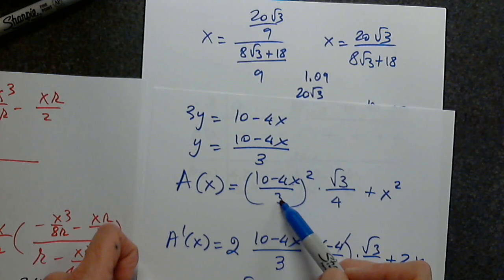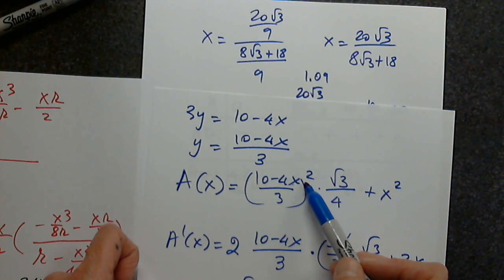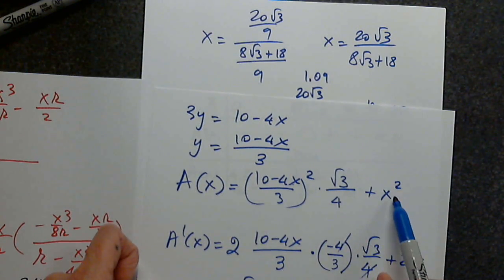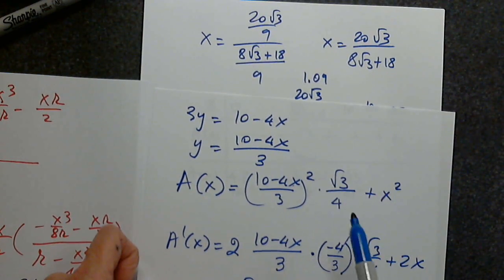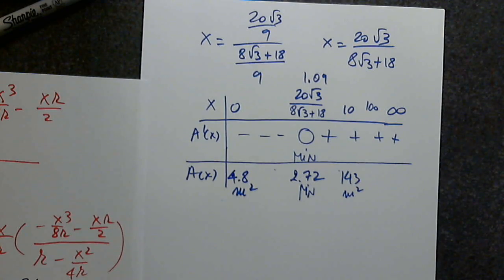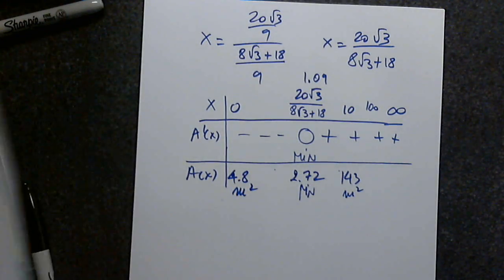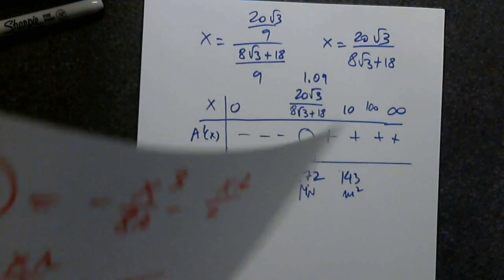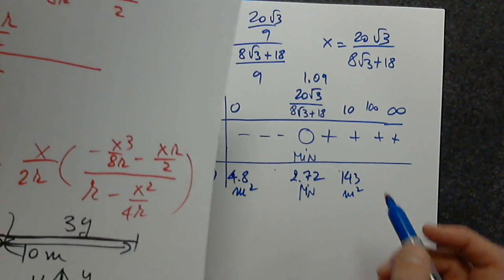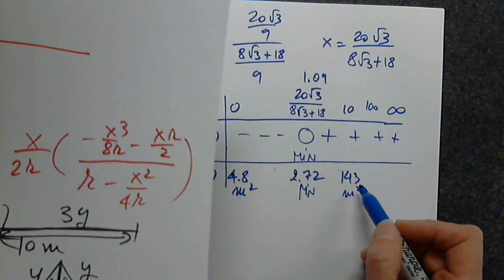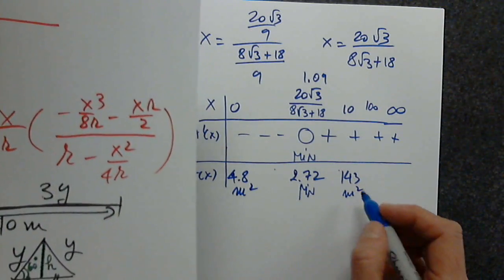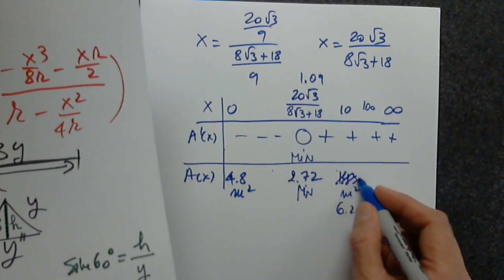Negative 30 divided by 3 is 10. 10 squared times this plus 10 squared. So 10 is not x. You can't plug in 10, you have to plug in 2.5. 2.5, yes. Okay, then. So then this was 2.5, it would be 6.2. Thank you. Thank you.